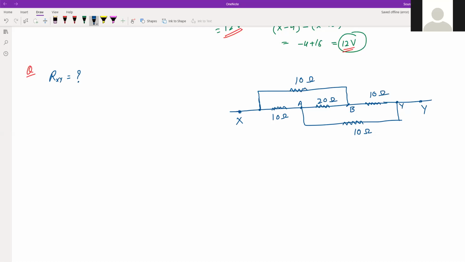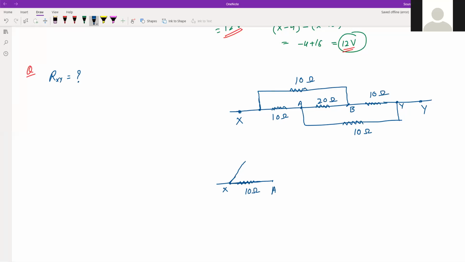So when we start from X, what do we see? We have two paths. One path goes like this, another path is like this. On the first path I come to A, and the resistor here is 10 ohms.